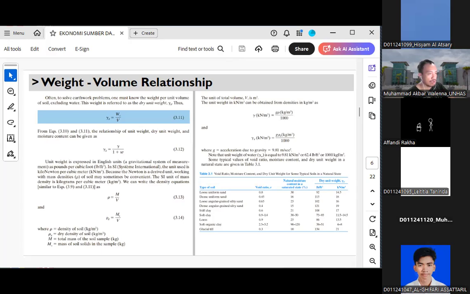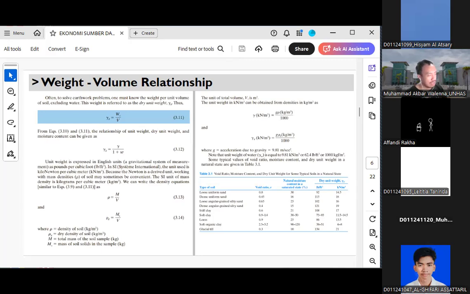Okay, so basically, when we have some typical values of the void ratio and the natural moisture content, then we also get the dry unit weight for different soils. Okay, so then we can have the expected range for each soil classification.